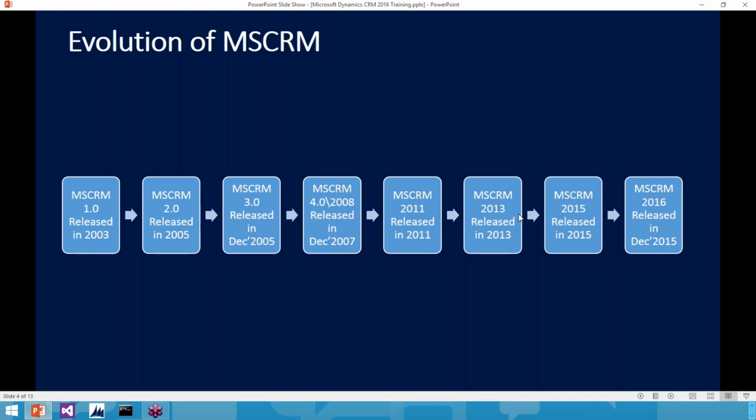So 2013 is a big one, and again, this is an interview question. What's the main important feature that got changed from 2011 to 2013? Database structure got changed. Not completely, but it was a major change in the CRM database table structure.